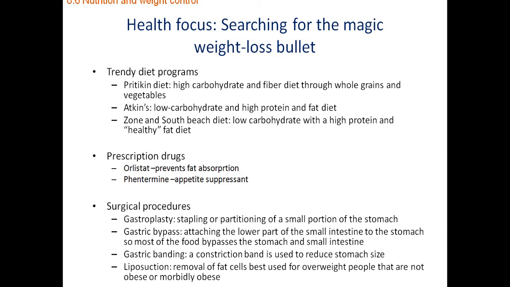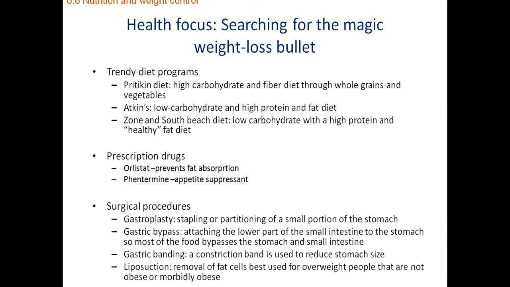We're not built to just survive on protein. We need glucose, and it's hard for our body to make the glucose, which we need to make ATP, from protein. The Zone and the South Beach diets are kind of like the Atkins diets, but they say you should have a healthy amount of fat.